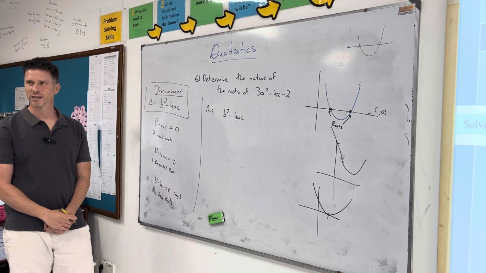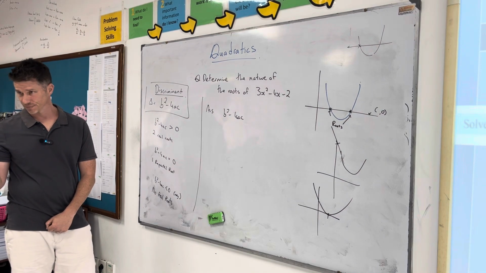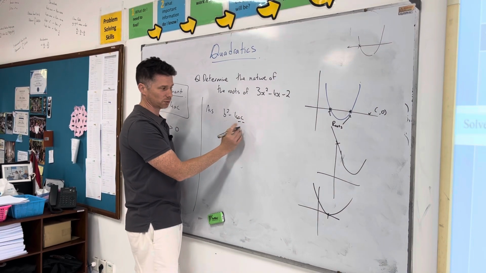It depends on if it wins over the b squared. If the a and the c make a positive number, it's going to be subtracted. Minus 4ac. So you're saying this times this, if they're both positive or both negative, is it?